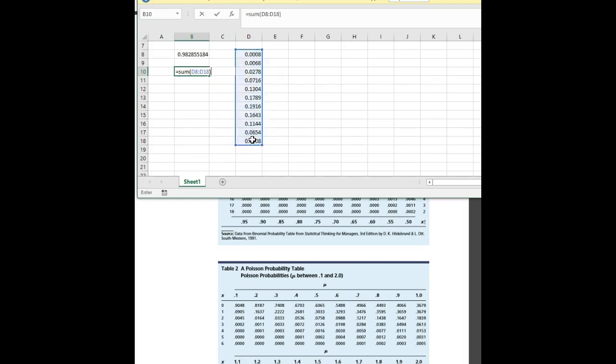Now I'm just showing you the manual way to do it using the table. 0.9828. This is rounding to 4 digits, because everything in the table is 4 digits. But look, we're pretty darn close here. It looks like the exact version is more like 0.9829, but that's fine. That's just rounding error from this table.